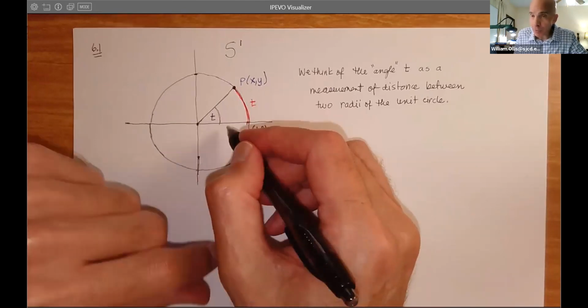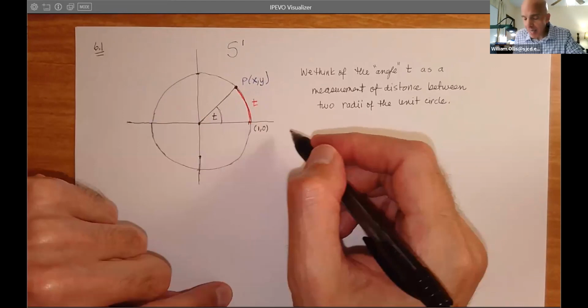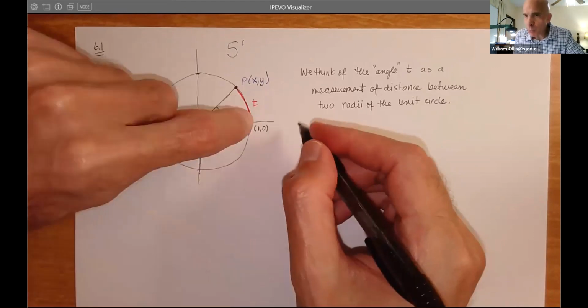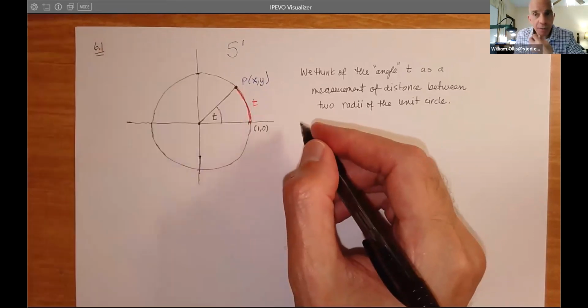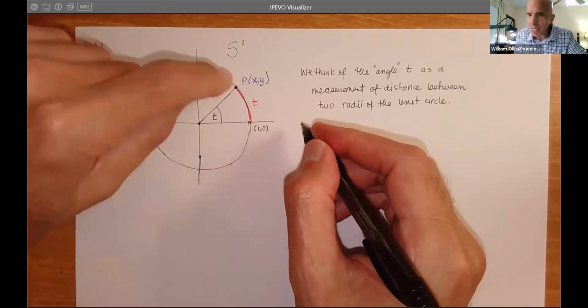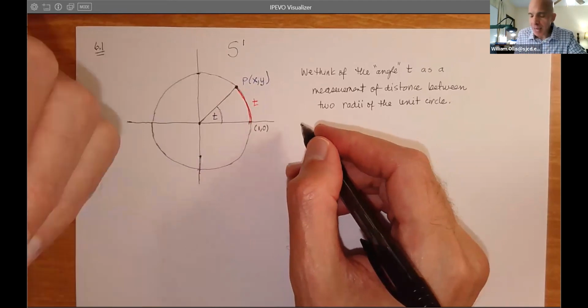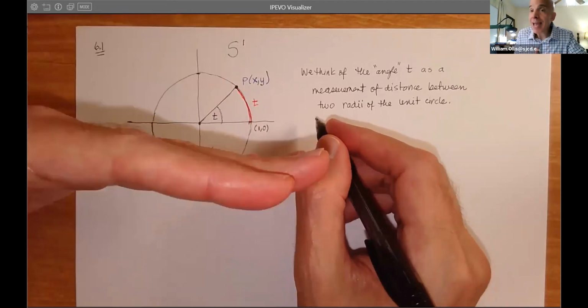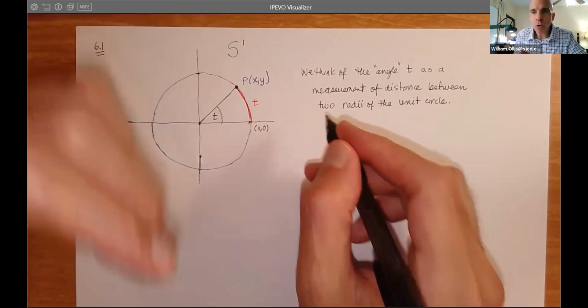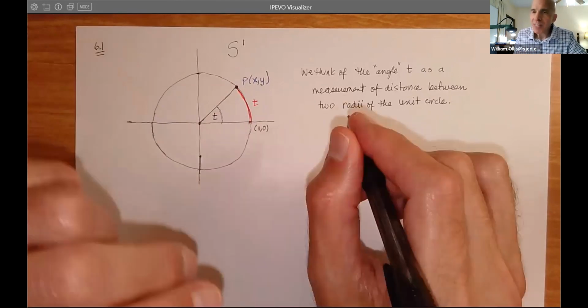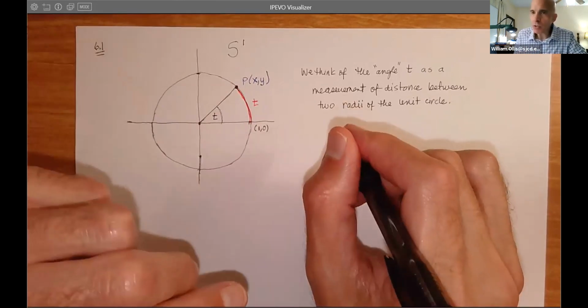That is a measurement between two radii. So again, this is really like a measurement between two radii, but it's a little bit more cogent because we're thinking of distance along the unit circle. So now we think in more abstract terms and define what we call the angle, because when we start working with triangles, we don't have measurement along a unit circle.